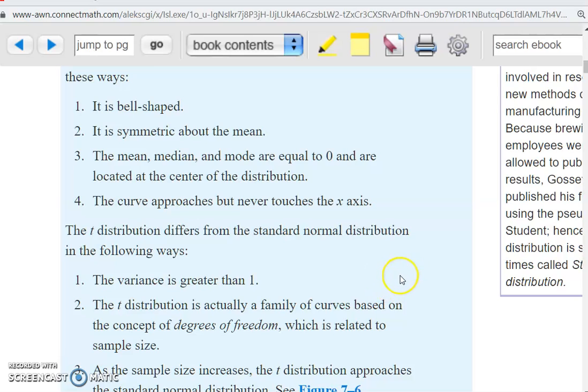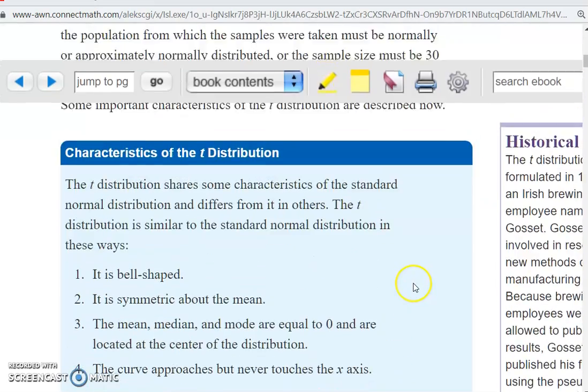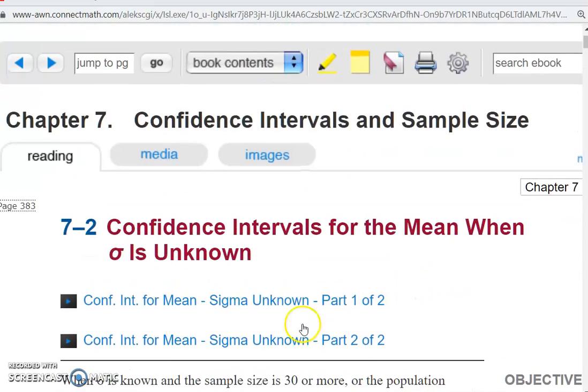Let me say it one more time. In section 7.2, when we're dealing with confidence intervals when sigma is unknown, we use the t distribution. In 7.1, when we think we do know what the standard deviation of the population is, we think we do know what sigma is, we use the z distribution.